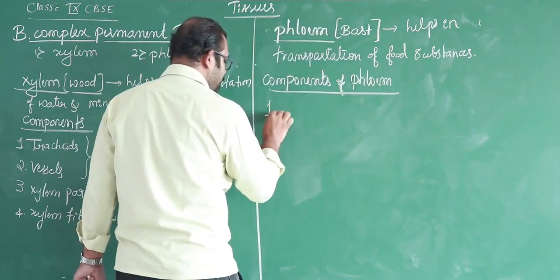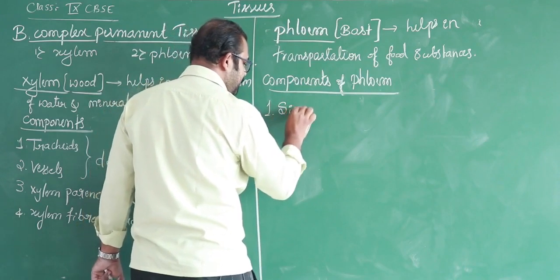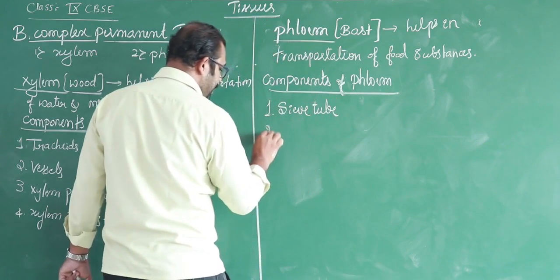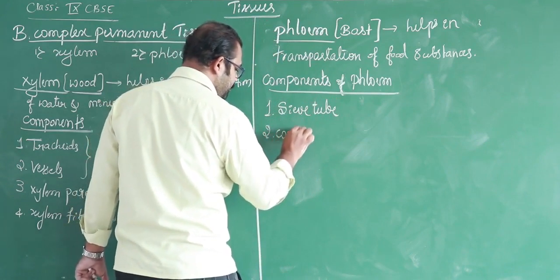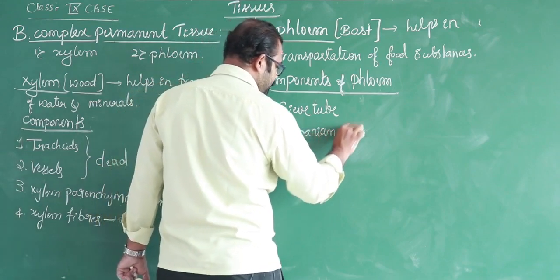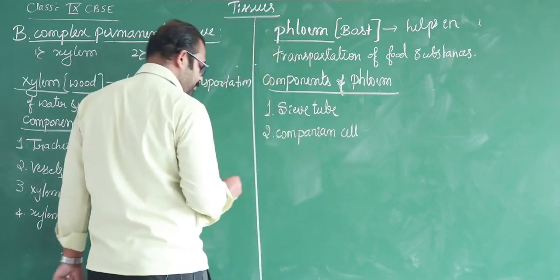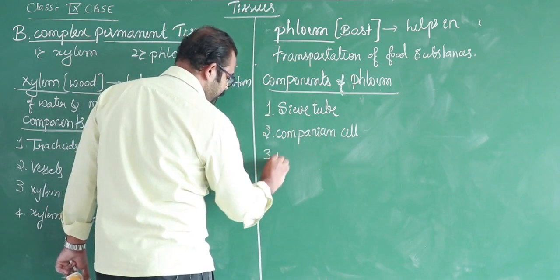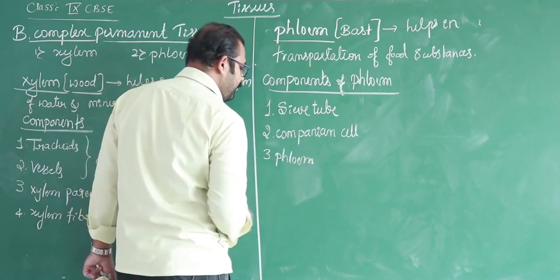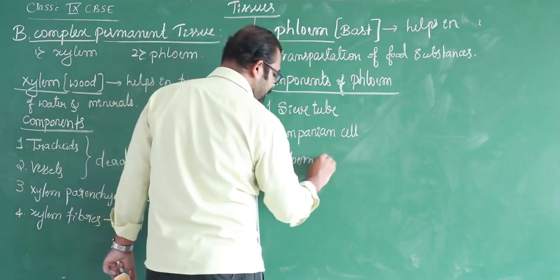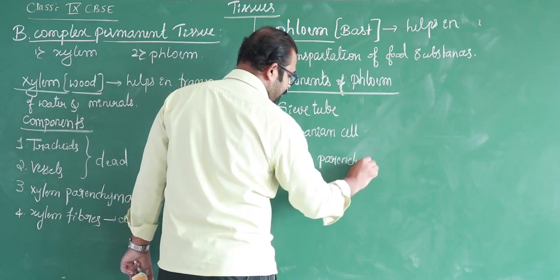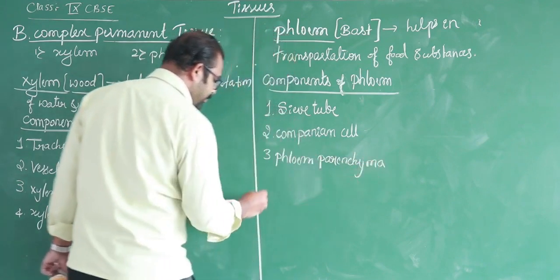This includes sieve tube, companion cell, phloem parenchyma, and phloem fiber.